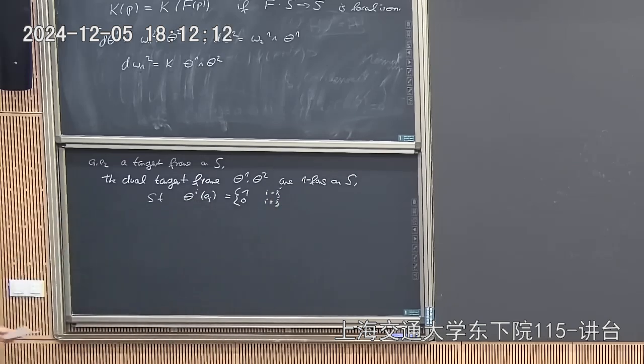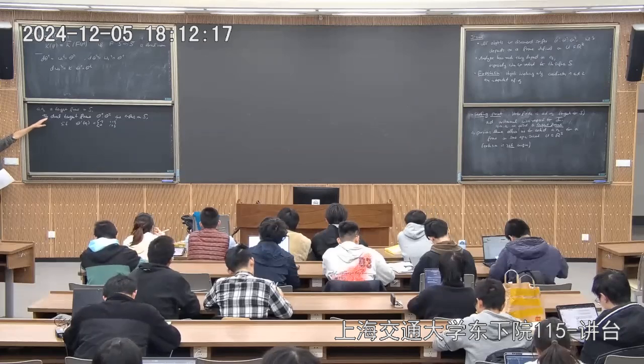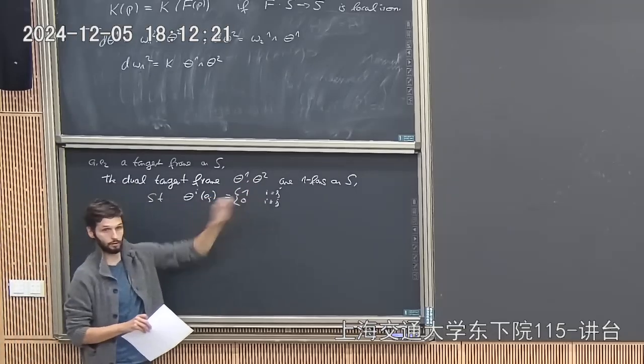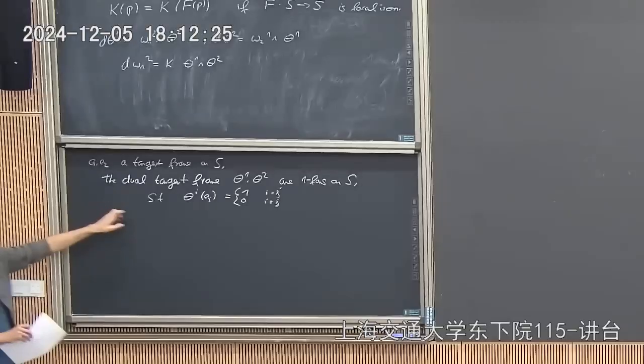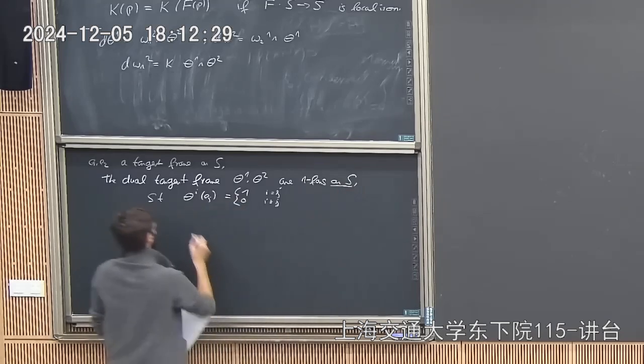So they're very similar to the dual frame that we have for the normal frame, but here we only have 1 and 2 because we only need E1 and E2. So it's really only forms on S. That's the difference that we have.